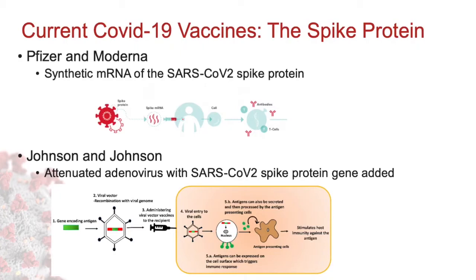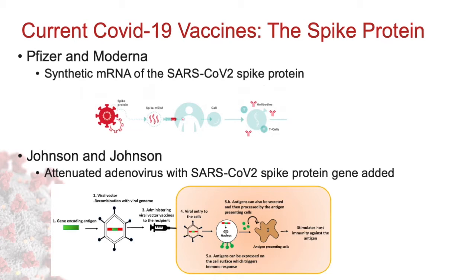You have the Pfizer vaccine and the Moderna vaccine. Those are the 2 that were initially approved, and they were both made using synthetic messenger RNAs. These are the first 2 messenger RNA based vaccines that have come to market. The way they work is you synthesize a messenger RNA that corresponds to the spike protein.